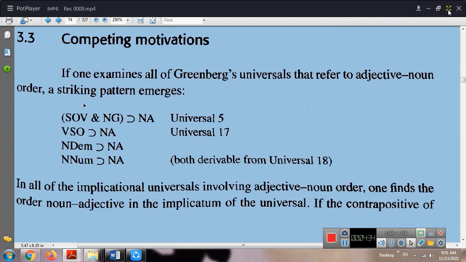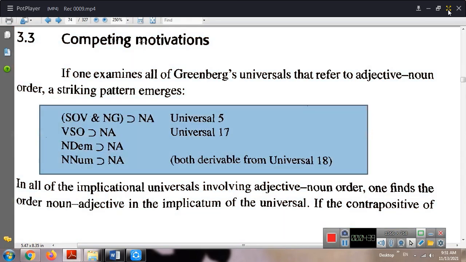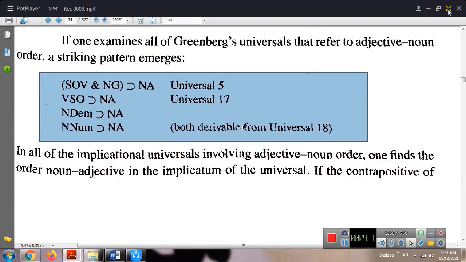Through this matter, we want to define the competing motivations. In all of the implicational universals involving adjective-noun order, like these universals, one finds the order noun-adjective is the implicatum of the universal.